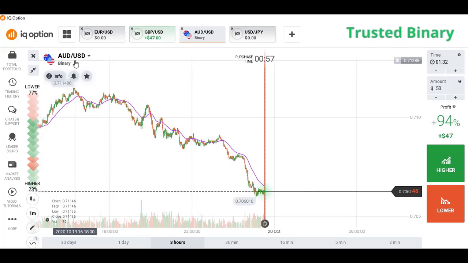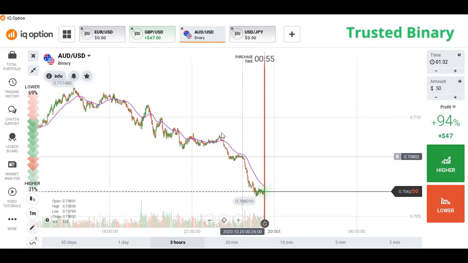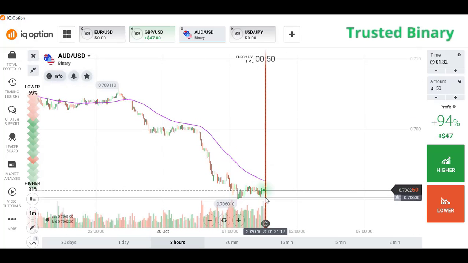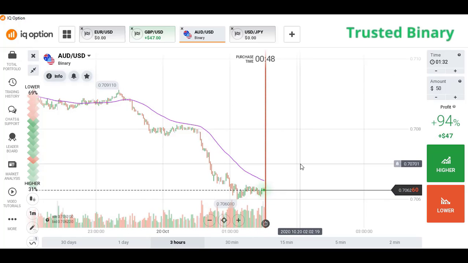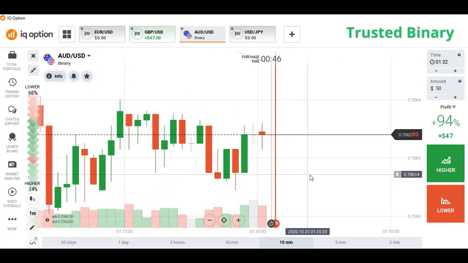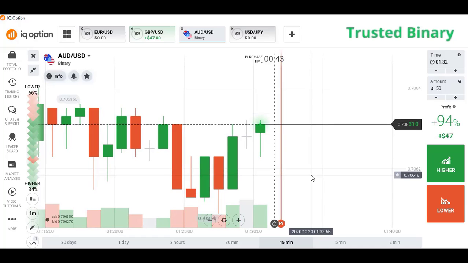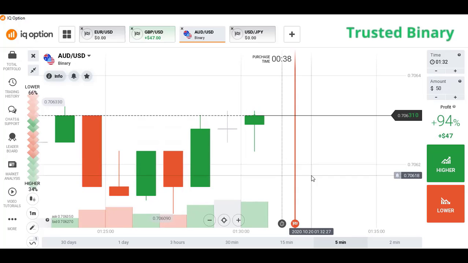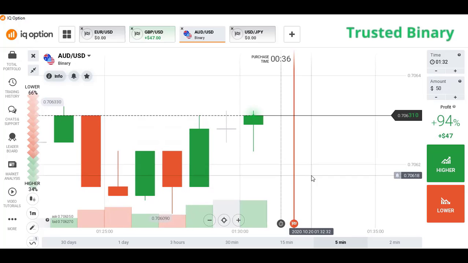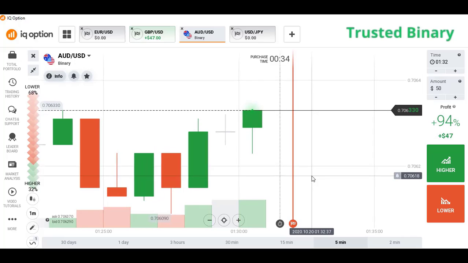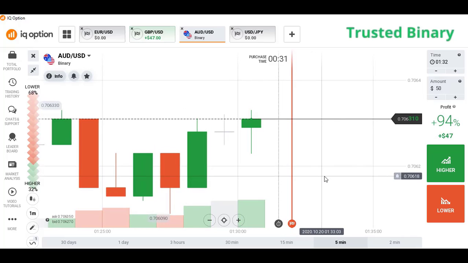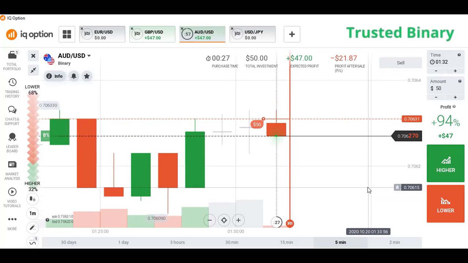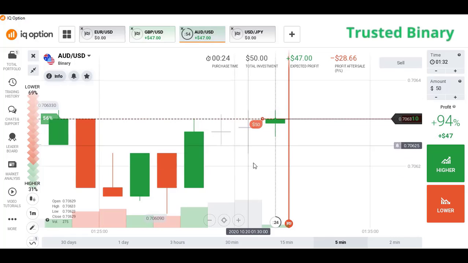This is the AUD USD pair, and the major trend and minor trend are downtrend here, a strong downtrend. So I have to analyze the volume. I place my trade in the lower direction based on volume analysis.